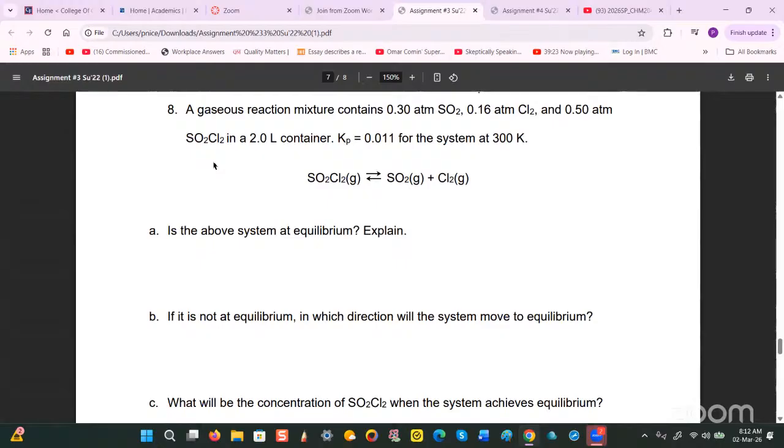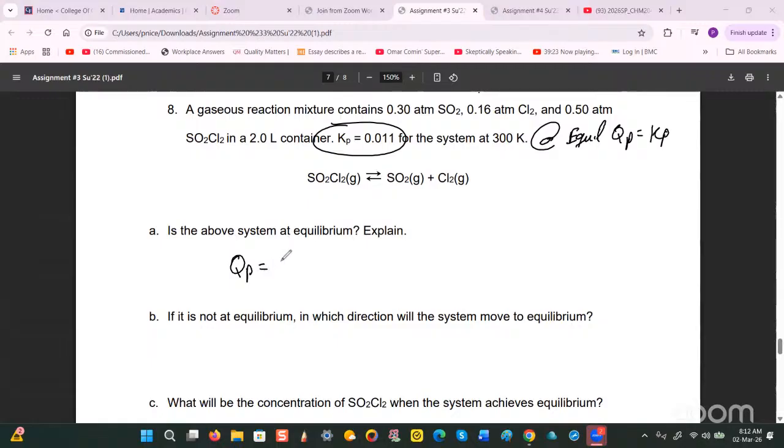Now, if you remember, we said that at equilibrium, the Qp in this case would be equal to Kp, right? So they gave you the Kp value already, which is 0.011. So the question is, is the system at equilibrium? In other words, we have to find Qp based on the numbers given.